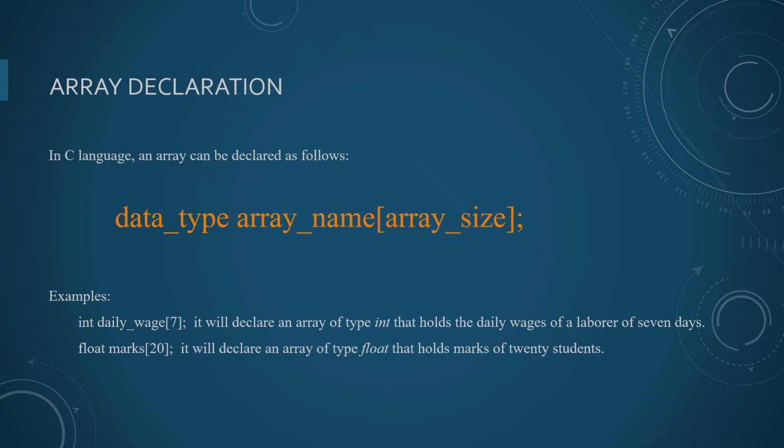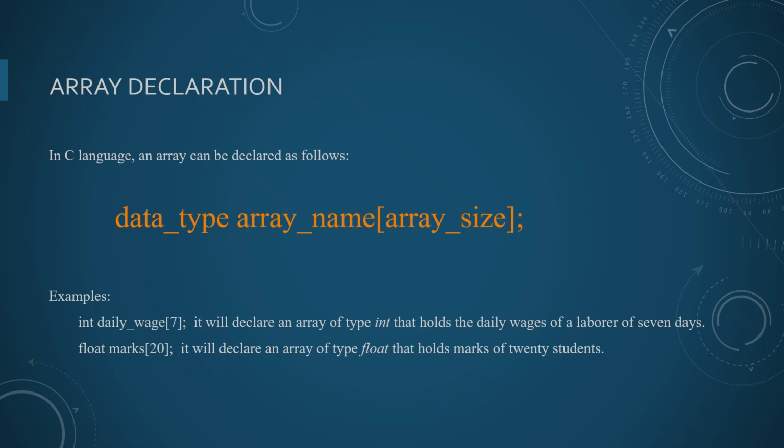Secondly, we will mention an array name. And finally, we have to declare what the size of this array will be. So data type, array name, and array size. These are the three factors we have to mention before declaring an array.